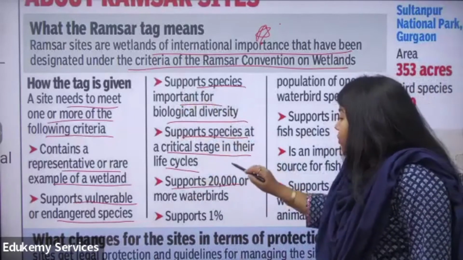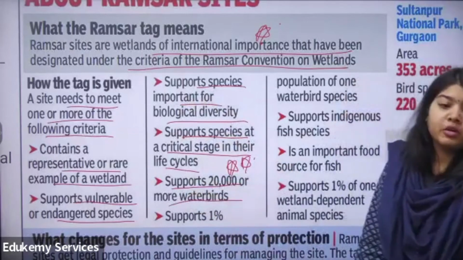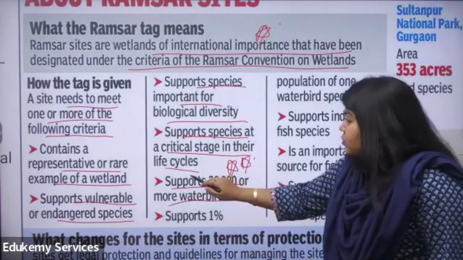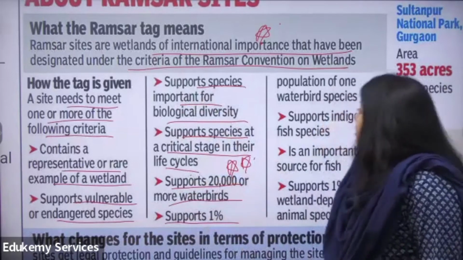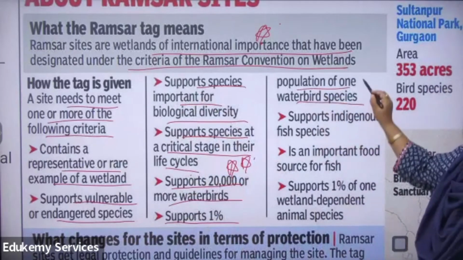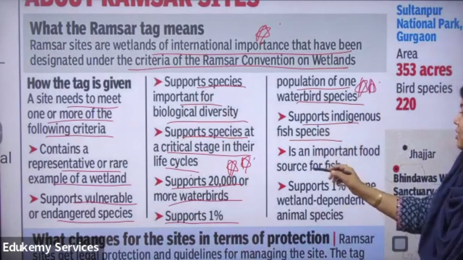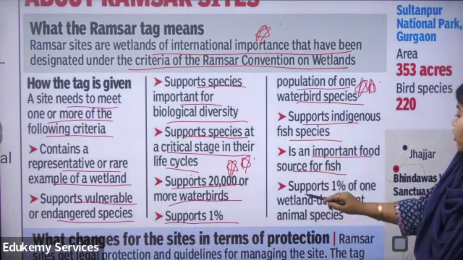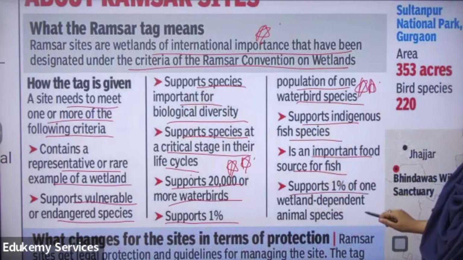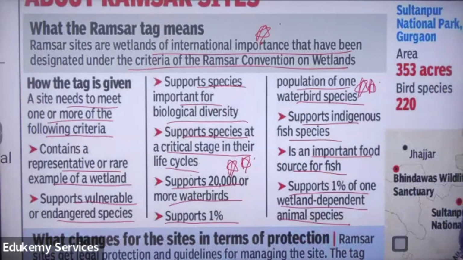It should support, very important, 20,000 or more water birds. Now, this point is extremely important: 1% population of one of the water bird species. It should support indigenous fish species, an important fish food source, and 1% of the wetland dependent animal species.